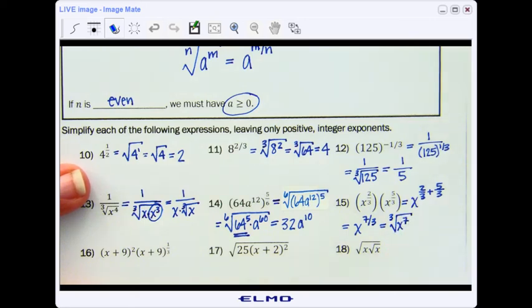This means the cube root of x times x to the sixth, where x to the sixth is a perfect cube. So this is x squared times the cube root of x.